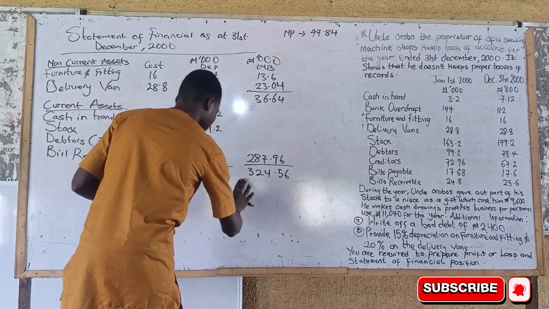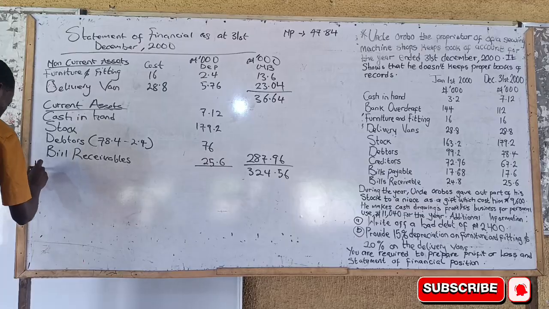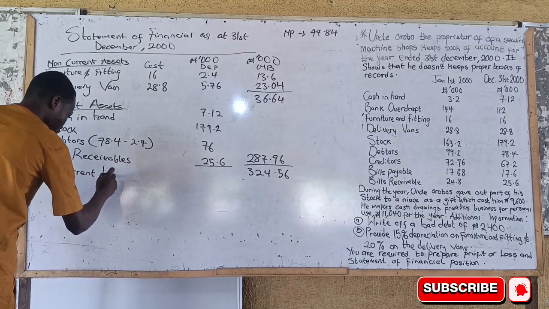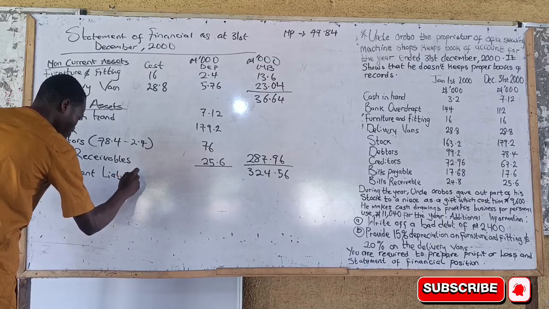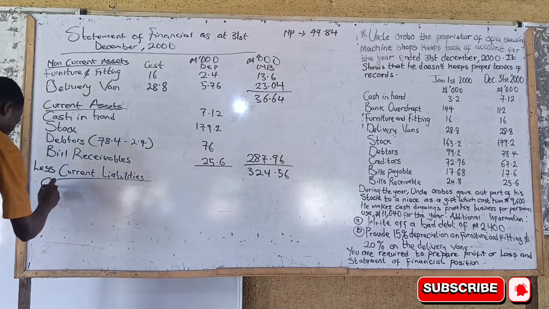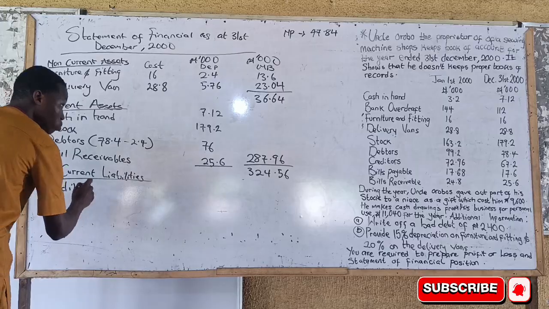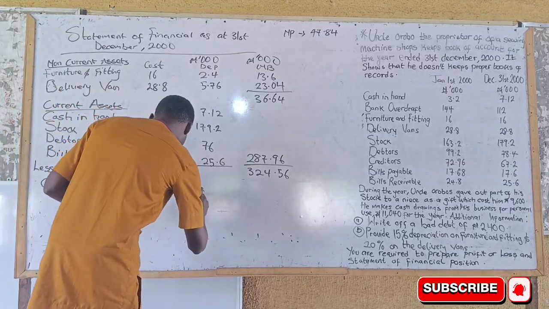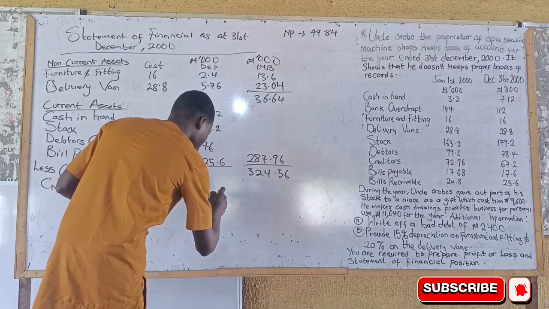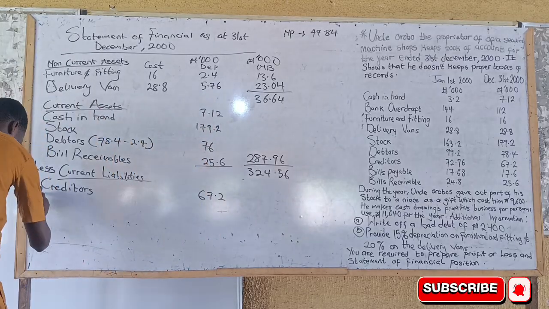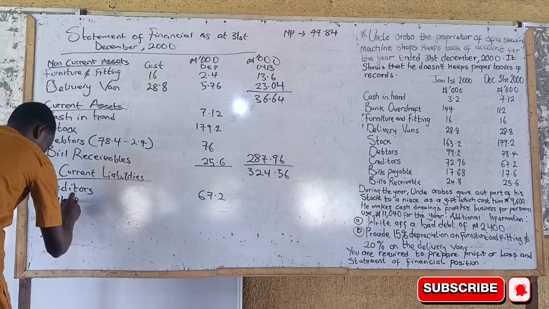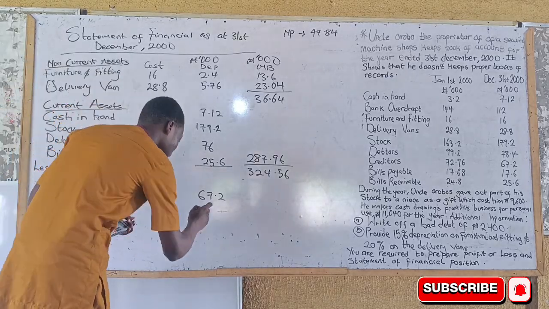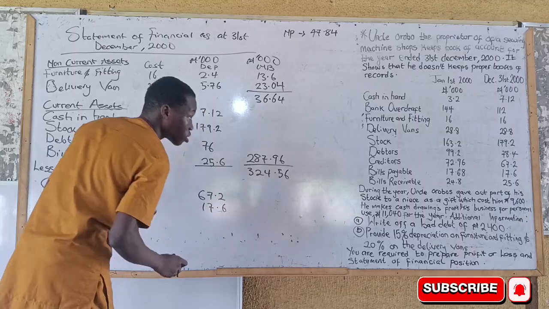Or let's just leave it like this. Less current liabilities. So starting with creditors. For the creditors, we have 67.2. Bills payable, that is 17.6.